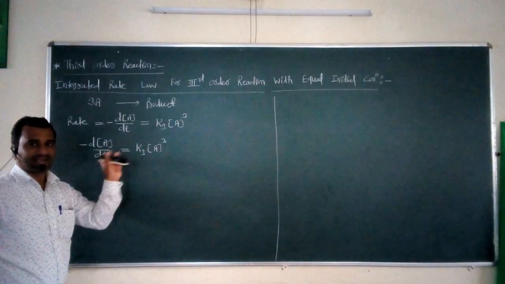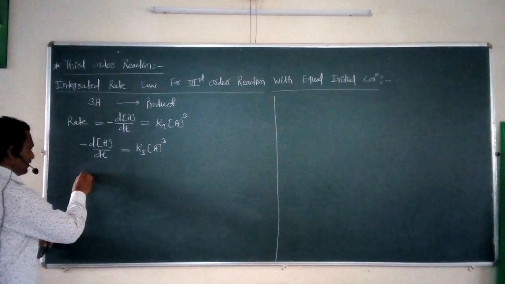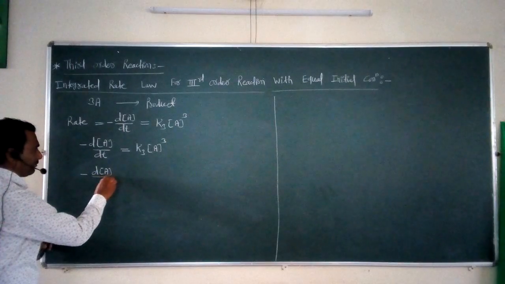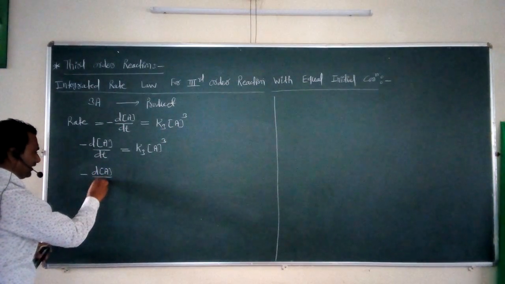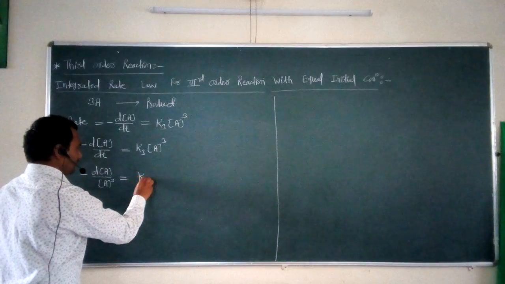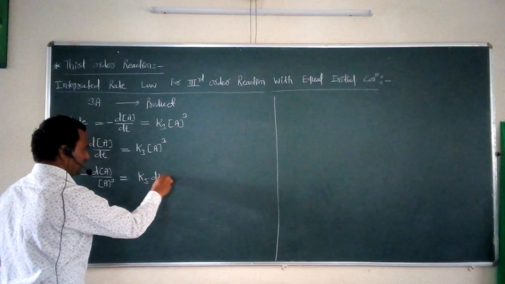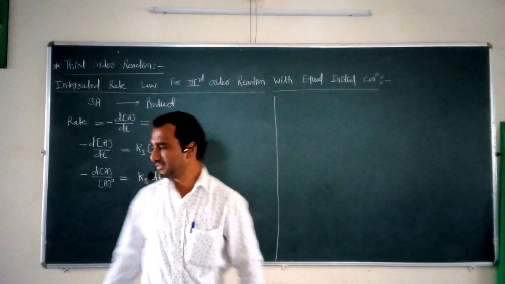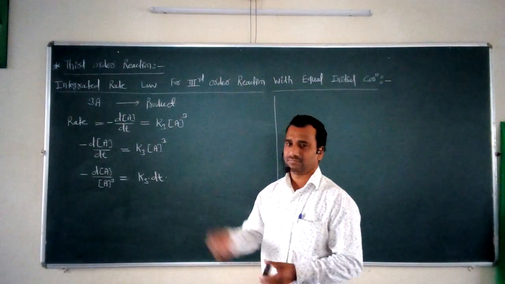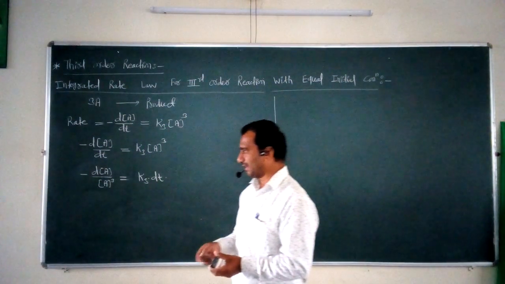Now if I rearrange the given equation, you will get minus d[A] upon concentration of A cubed is equal to K3 into dt. This is the next simple step; I just rearrange the given equation.